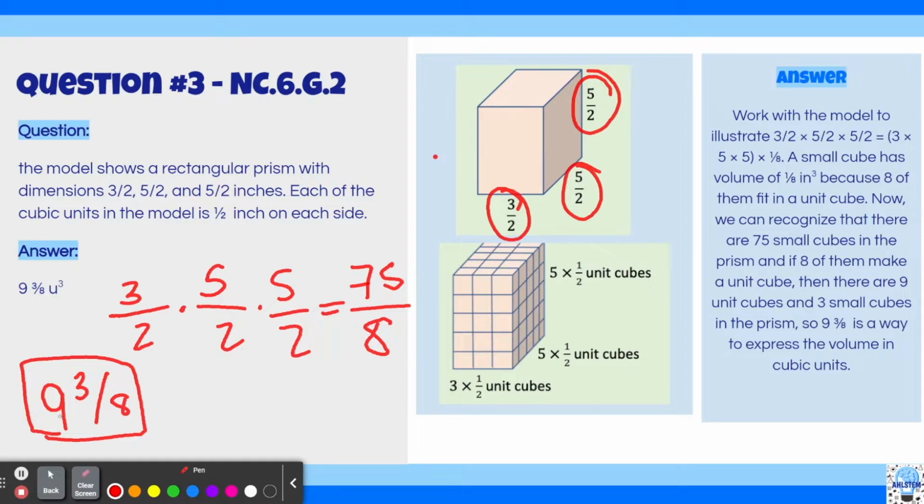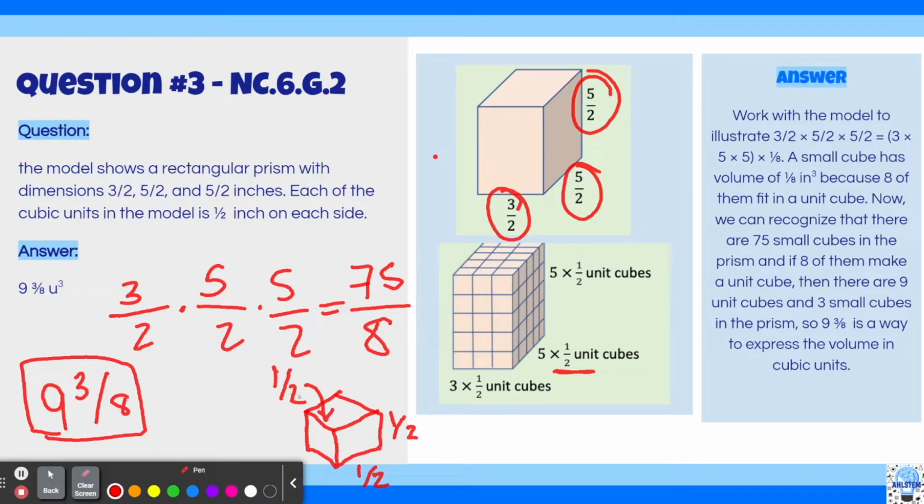And you can apply kind of the same process here. So these unit cubes are half a unit, okay? So basically that means, let me draw out this cube. It's going to be 1/2 on each side.